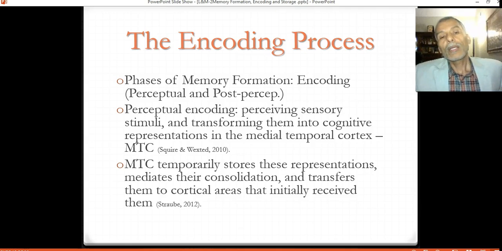So the medial temporal cortex temporarily stores these representations of the information that has become now kind of representations, like images. And these images or representations take the form of firing patterns.